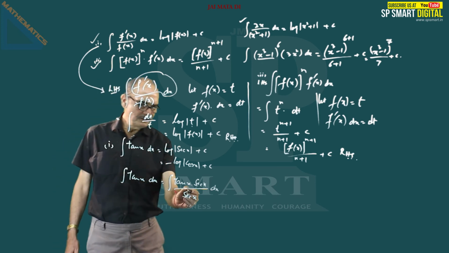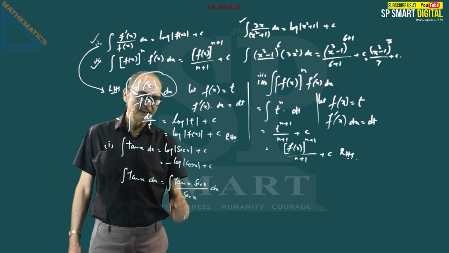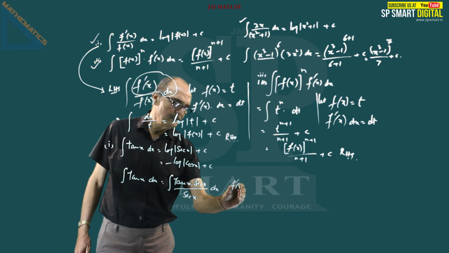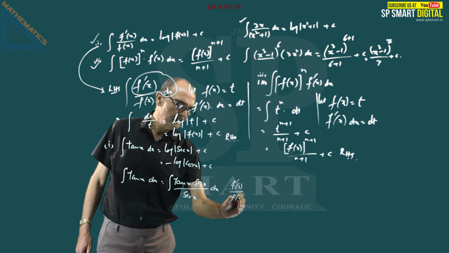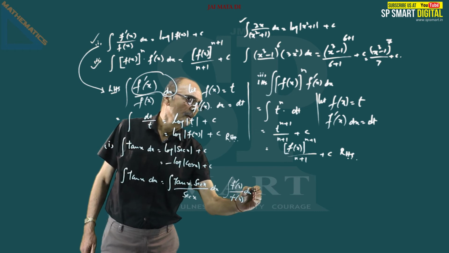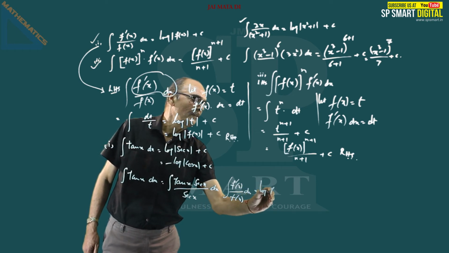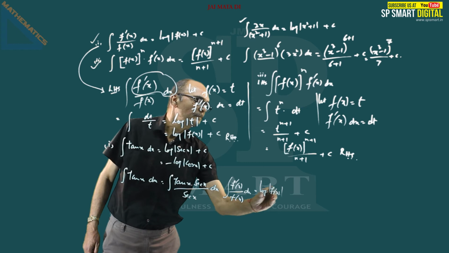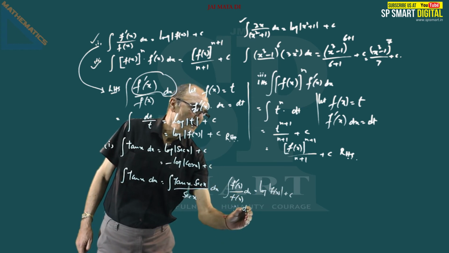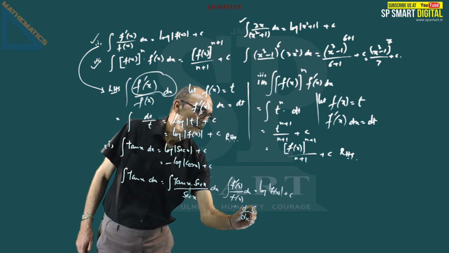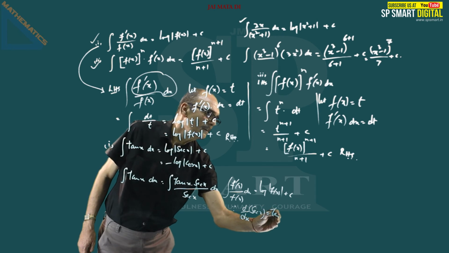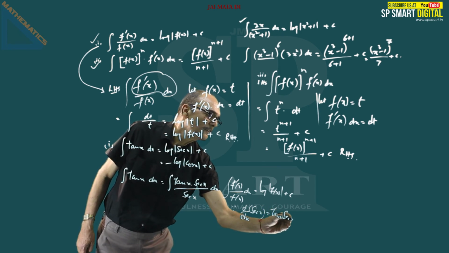Now, derivative of secant x is tan x secant of x. We observe, we apply the formula integral of f dash x upon f of x dx as log of f of x plus c. This is because derivative of the denominator secant of x is tan of x into secant of x.